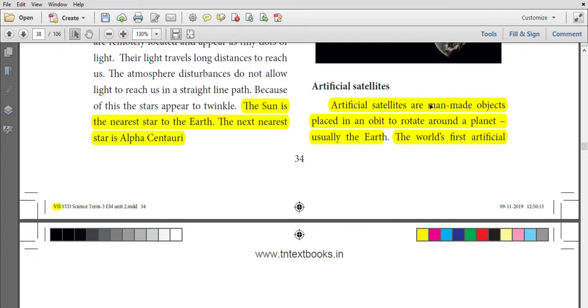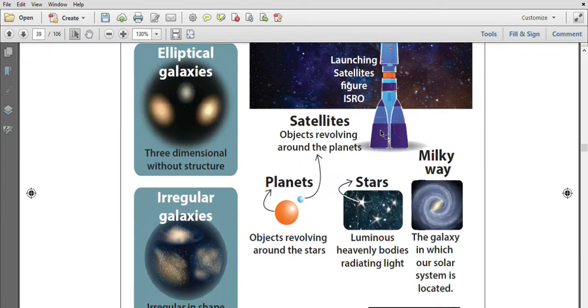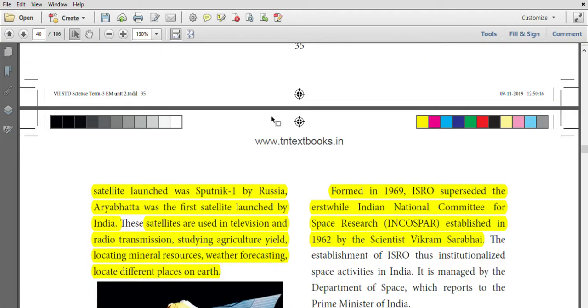Artificial satellites are man-made objects. A satellite made by man is called an artificial satellite. The world's first artificial satellite is Sputnik 1. It was launched by Russia.